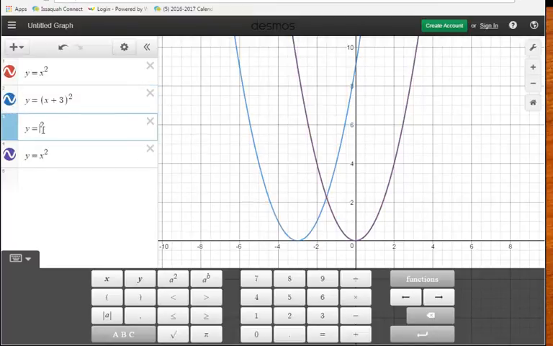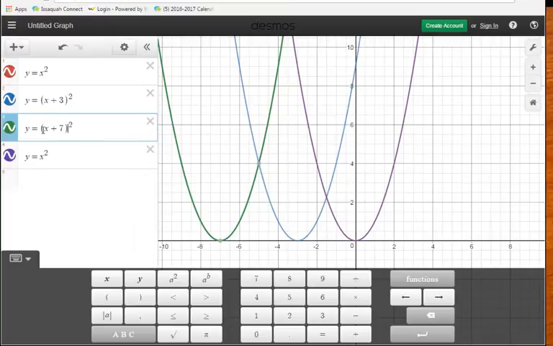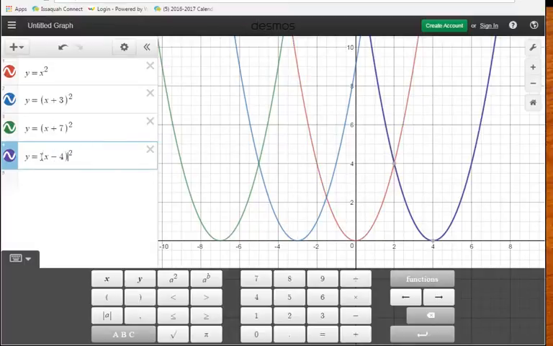This next one, I typed it in, we have x plus 7, close parentheses, squared. That graph went 7 to the left. This last one, we wanted to go with x minus 4 quantity squared. That one went 4 to the right.